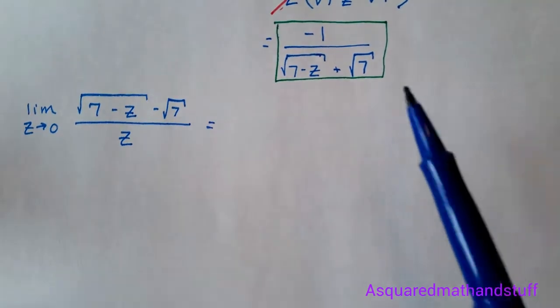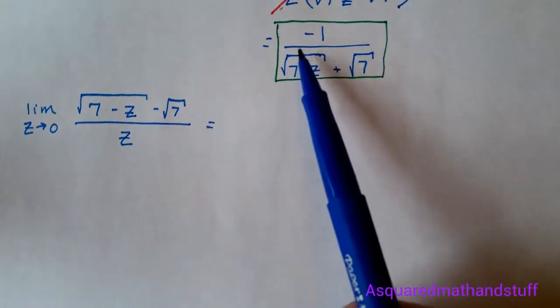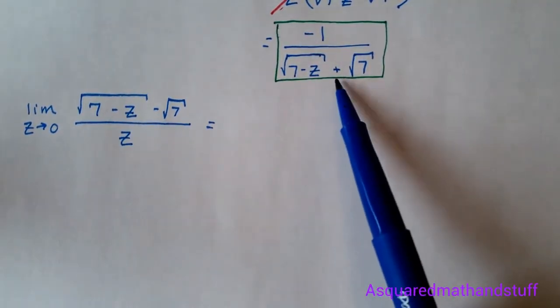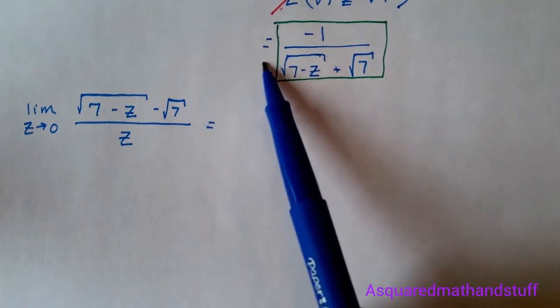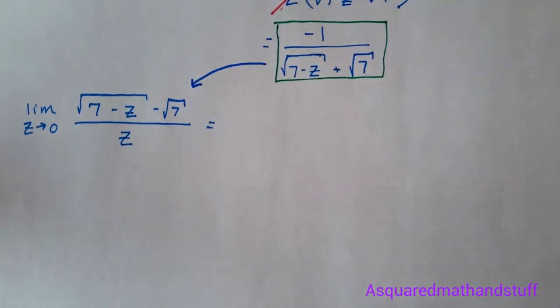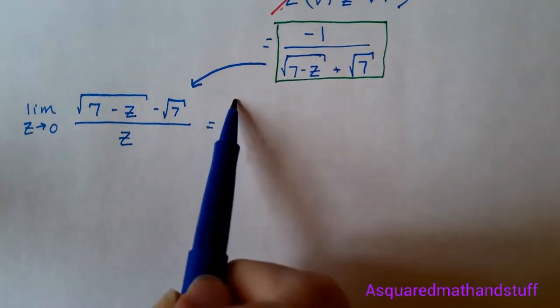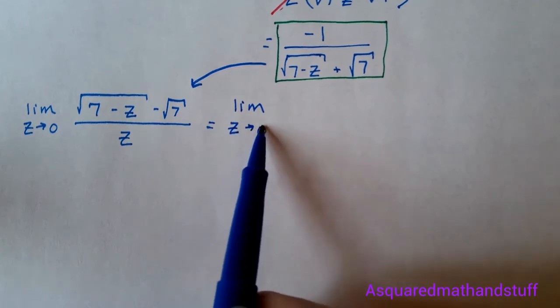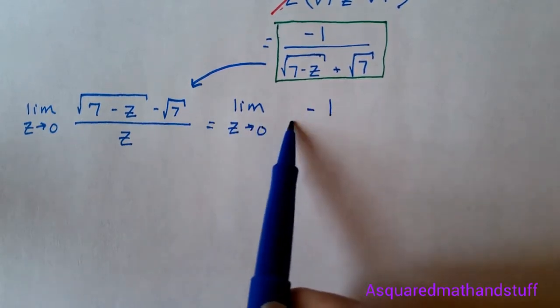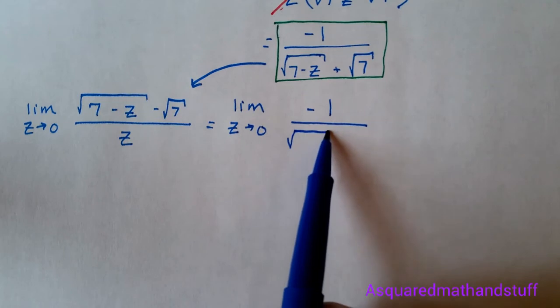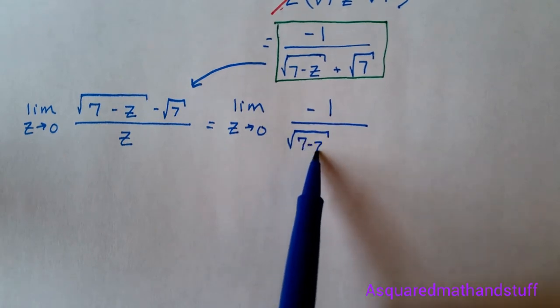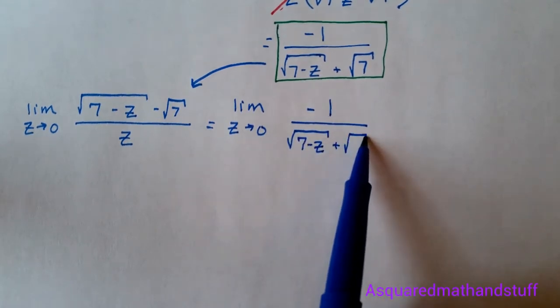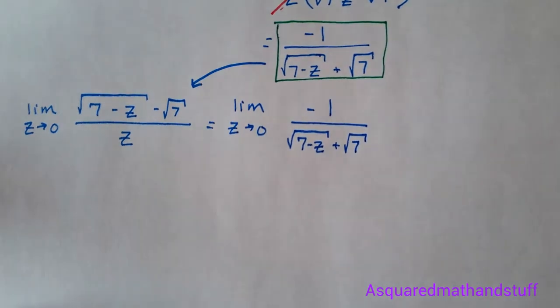I'm going to directly substitute what we already calculated in for the original expression. So we will then have the limit as z approaches 0 of negative 1 all divided by the square root of 7 minus z plus the square root of 7.